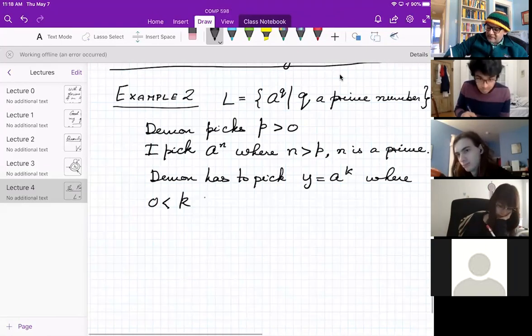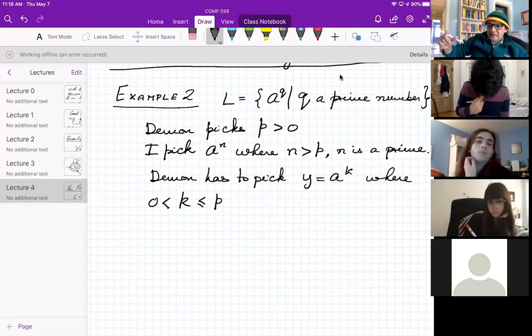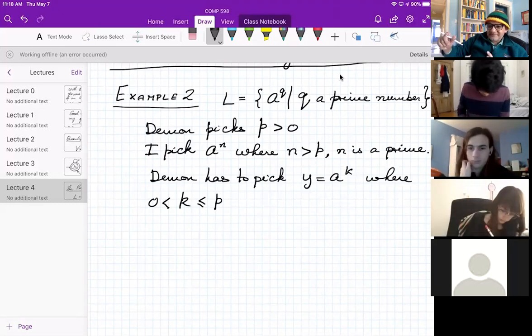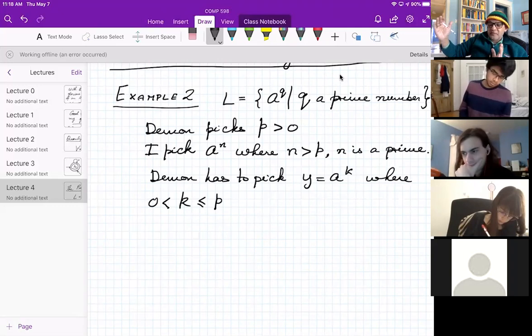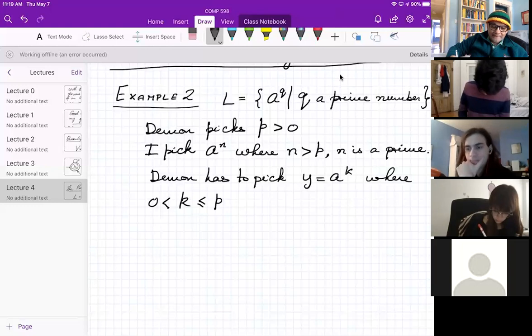But let's look at the constraints on this k. It's got to be less than or equal to p. Remember, y has to be of non-zero length, but x, for all I know, is of zero length. There's no constraint like that on x. It's that the total length xy has to be less than or equal to p. So it could be that the whole of xy is actually just pure y. So the only constraint I know is that k is less than or equal to p and it's strictly positive, can't be 0.